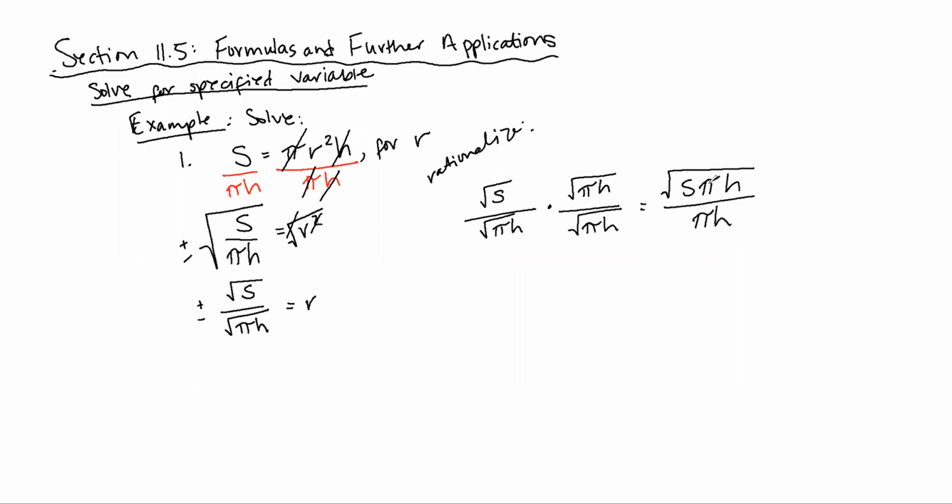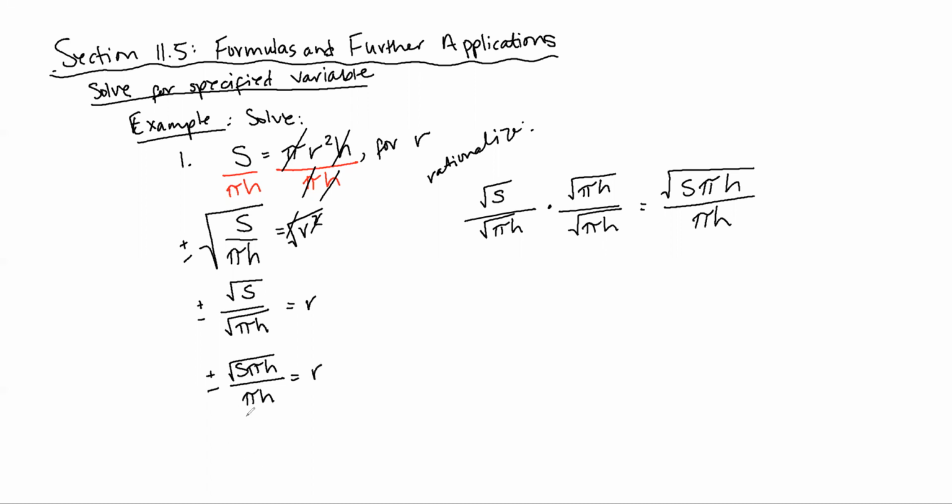Now, this is already completely simplified because we cannot cancel out the pi and the h because the ones on top are under a radical, the ones on the bottom are not. So our final answer is plus or minus the square root of s pi h all over pi h.